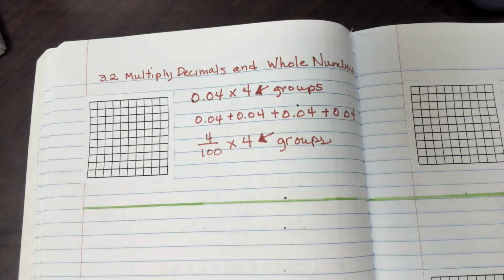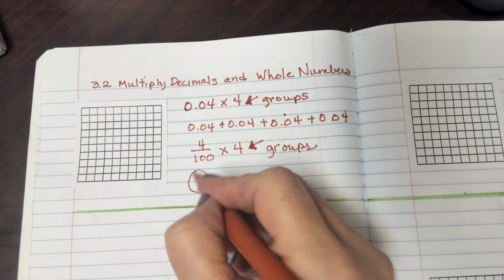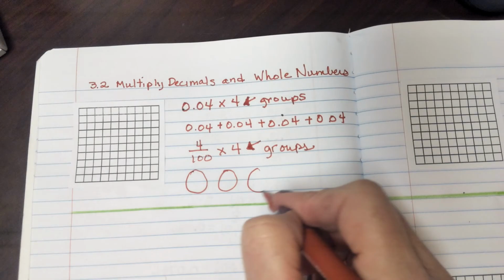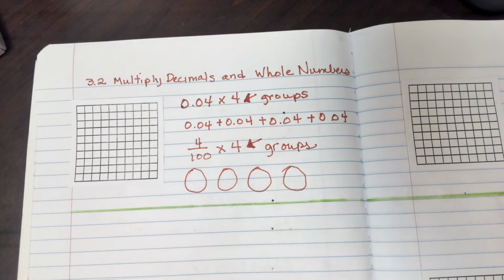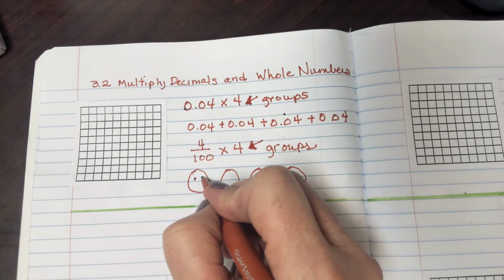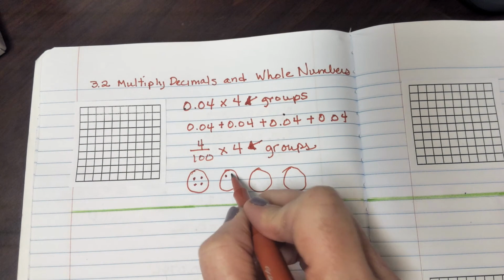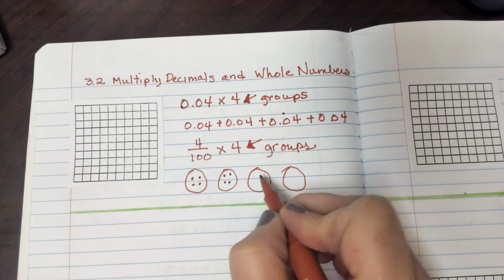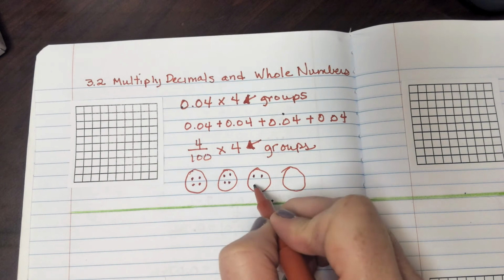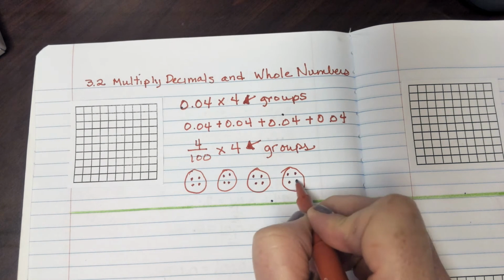Another way that we can model that is by saying I have 1, 2, 3, 4 groups, and I'm going to put 4 units in each group. 1, 2, 3, 4. 1, 2, 3, 4. 1, 2, 3, 4. 1, 2, 3, 4.